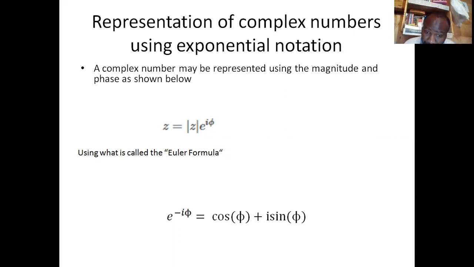Euler's formula tells you that e raised to the power negative i phi is equal to cos phi plus i sin phi. Is that so? I'm not sure. I might miseducate you.